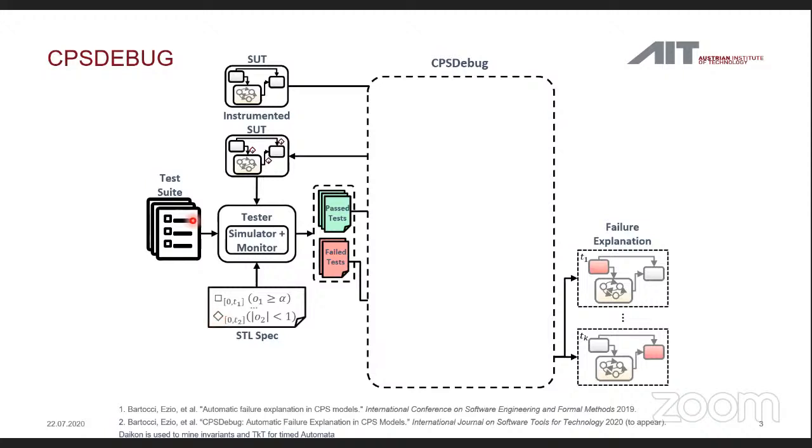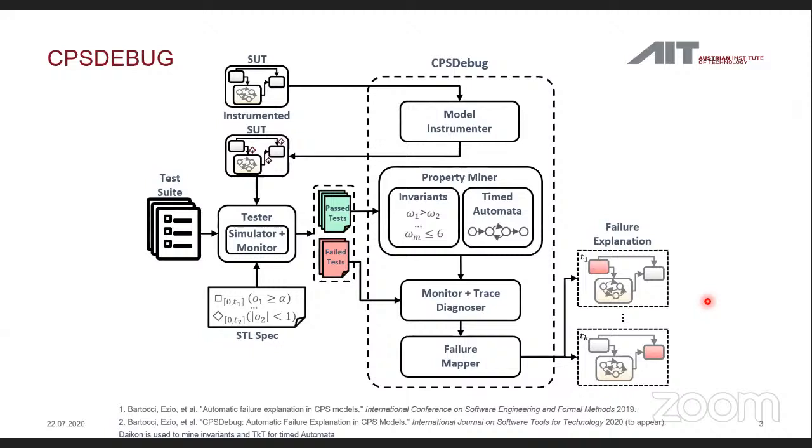We input to the tool this system under test, test suite, and the specification. And the tool outputs as failure explanations a sequence of snapshots that provides an explanation of where and why the failure has occurred. Now, how do we do it?